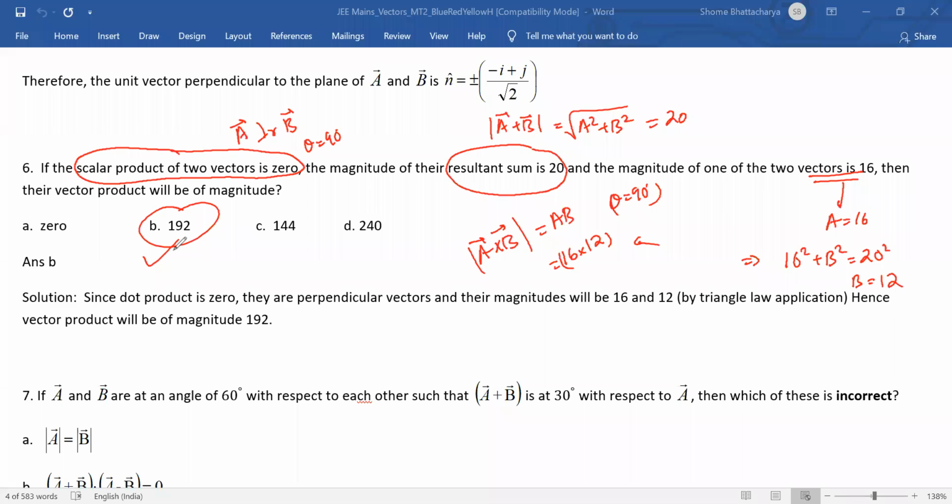So it was an indirect question. First you find the magnitude of B using the fact that they are perpendicular vectors. And once you got the magnitude, you know that A cross B's magnitude will just be AB sine 90. So that is A into B. Okay, so hope this question is also clear to all of you.